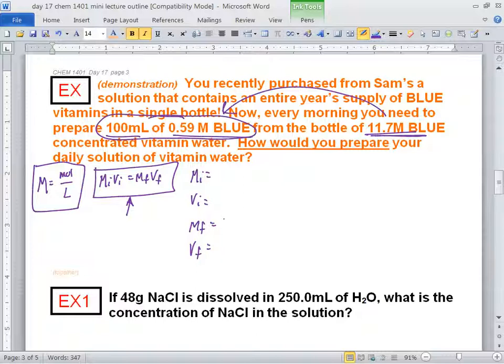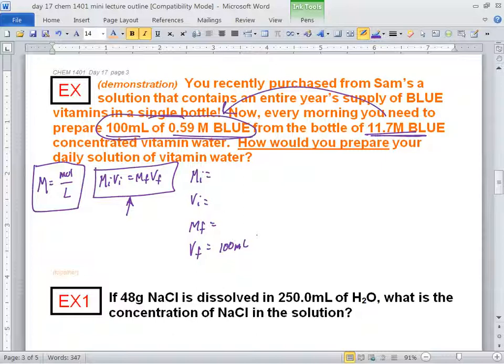Do you see one of these variables and what number I can plug in for it? Mi, Vi, Mf, or Vf? Vf would be 100. That's key to see. That's where you want to end up. Stephanie, you see why Vf is 100 milliliters?